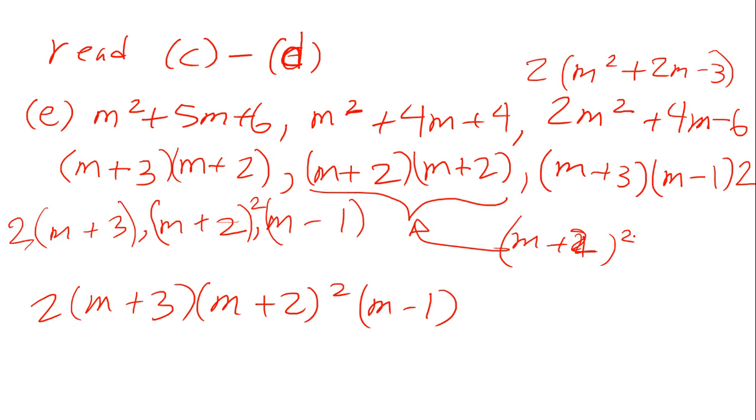All of those need to make their way into it, because remember, this whole thing has to be a factor, not just m plus 2, but m plus 2 times m plus 2 has to be a factor, and also this has to be a factor. Since m plus 2 is already a factor of m plus 2 squared, I don't need to put m plus 2 and m plus 2 squared, because these two already have a common denominator of m plus 2. So this automatically takes care of this by default.